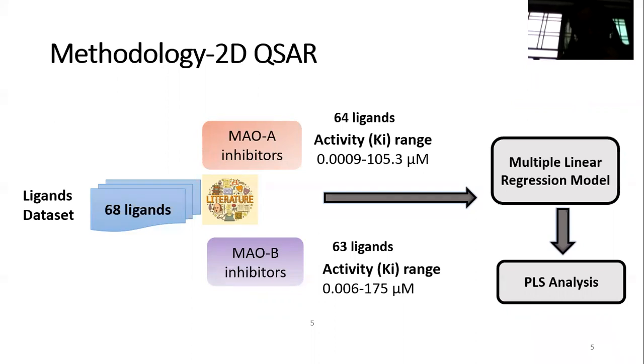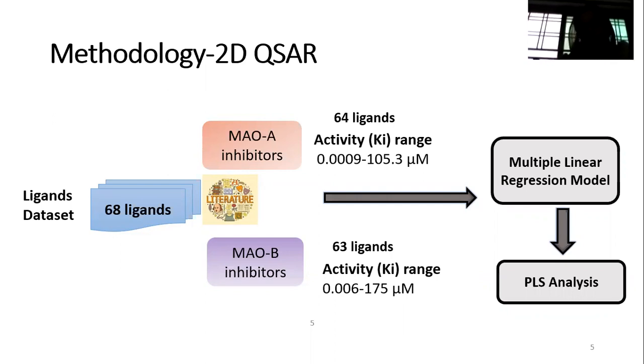So, for that, we have to design the drugs, and both MAO-A and MAO-B inhibitors would be checked, and their ability and their selectivity will be confirmed. So we designed a methodology in which a total of 68 ligands were taken for both MAO-A and MAO-B.